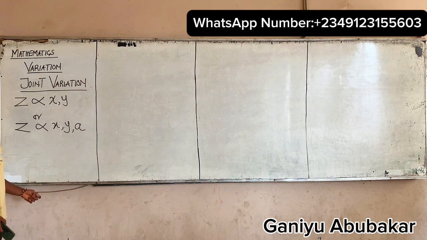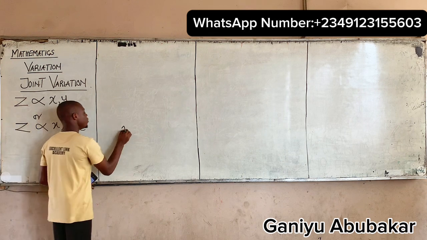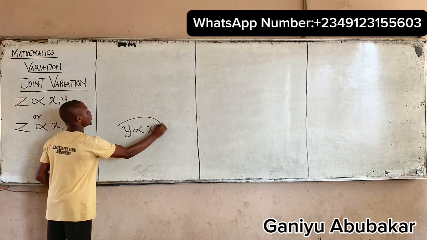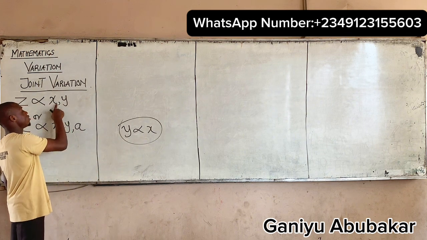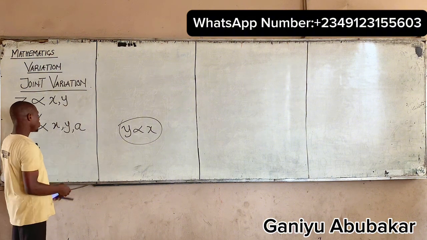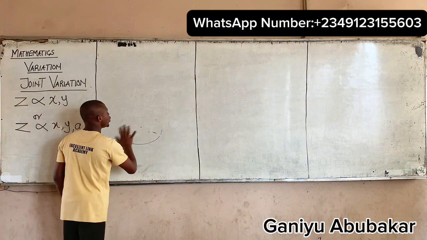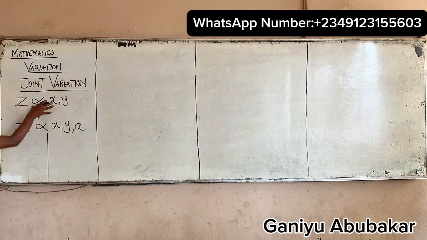This becomes a joint variation. But for the variation we just did, y varies directly as x, this is a simple one. Here I have more than just x and y, two quantities; x, y, a are three quantities.